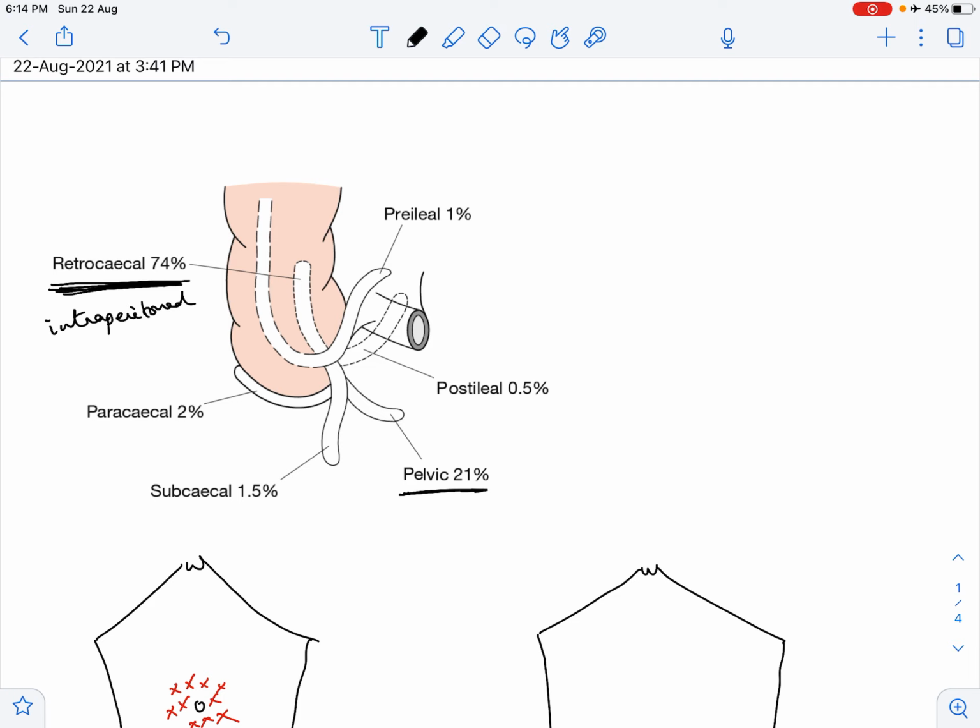After the pelvic position, you have the other positions: pre-ileal, post-ileal, paracecal, subcecal. Pre-ileal is where it is anterior to the ileum, post-ileal it is posterior to the ileum, paracecal it is adjacent to the cecum, subcecal it is below the cecum. You also have a retroperitoneal appendix.